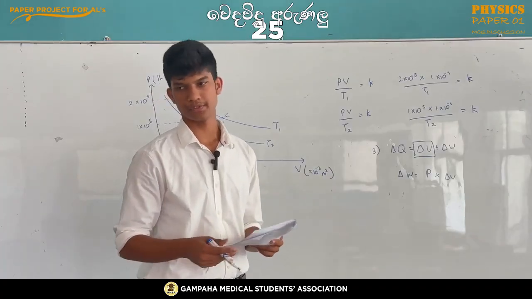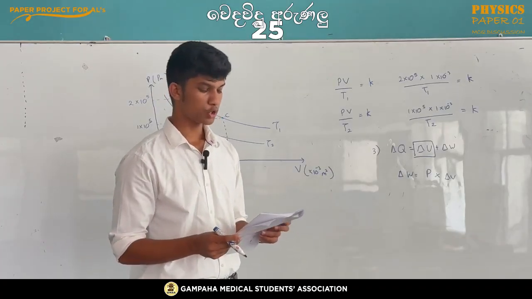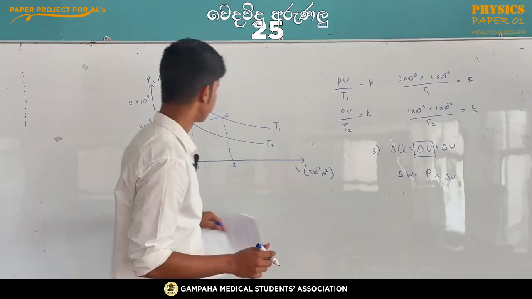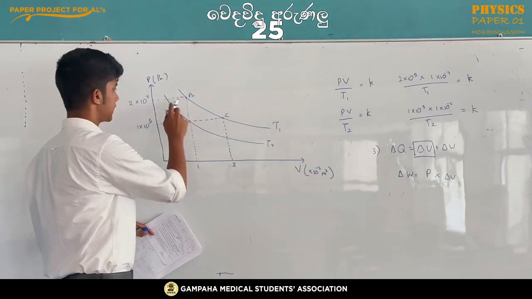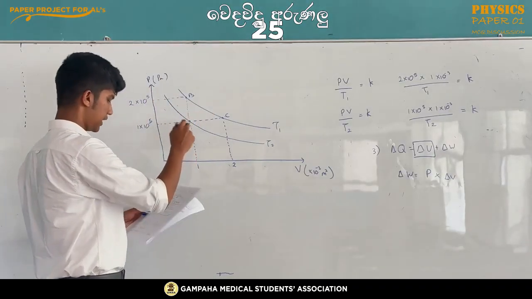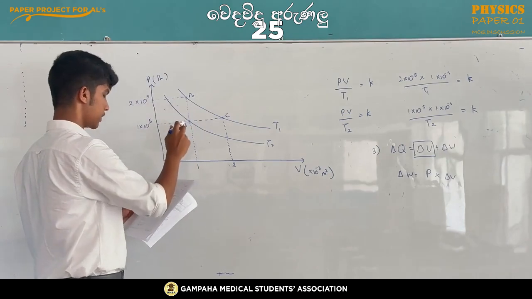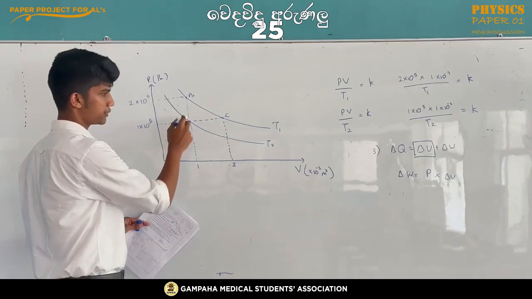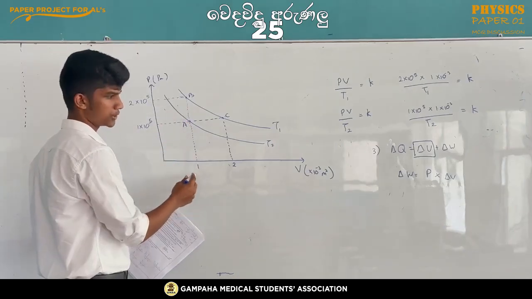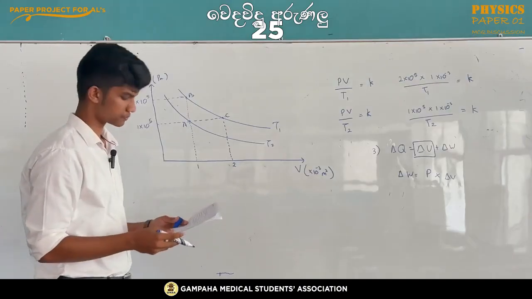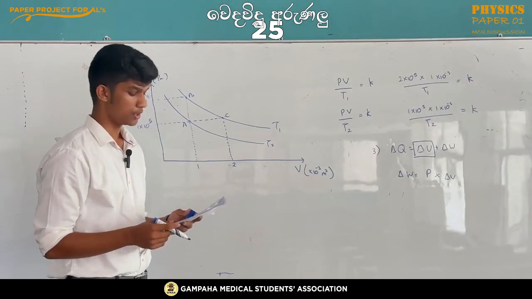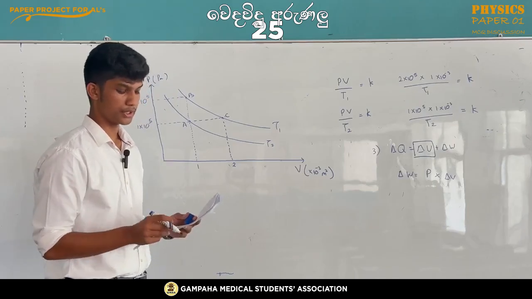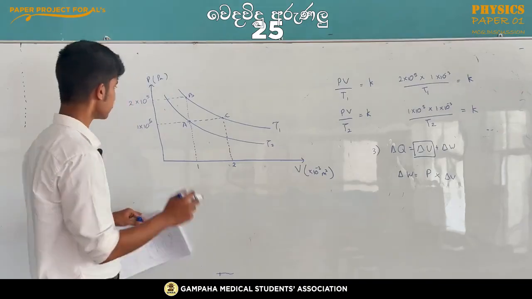Let's look at the fourth and fifth statements as well. A work is not done by the gas when the gas changes from A to B along the AB vertical line. As you can see, the gas changes from A to B, and therefore the volume does not change. Only the pressure changes as well as the temperature. Since the volume does not change, the work done is 0. And this statement is correct. Work done to horizontally take the gas from state A to state C is 100 joules.